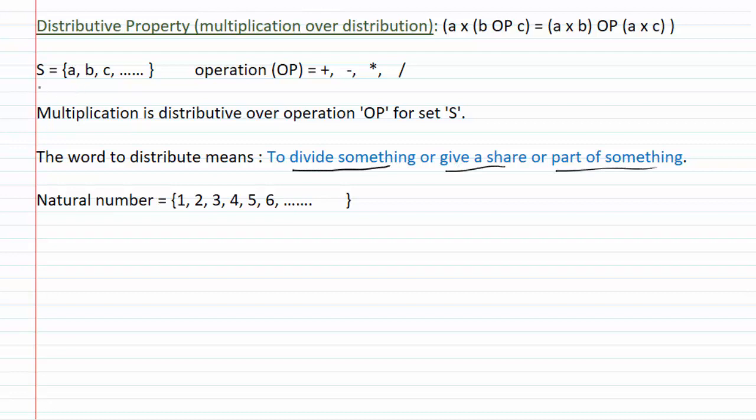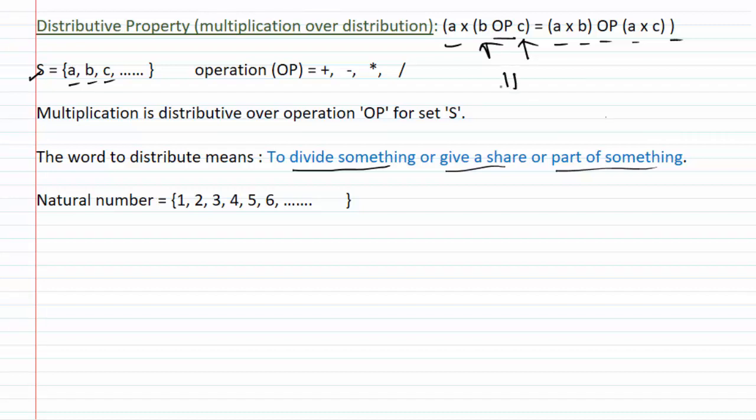As per the distributive property, if you are given a set S having elements A, B, C and you are performing operation OP on element B and element C, but at the same time you need to distribute element A to B and C, then this expression can be written as A into B operation A into C. Means first you distribute A to B and C, then perform the operation OP.